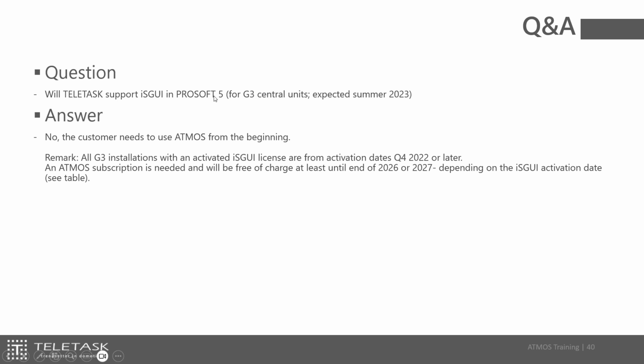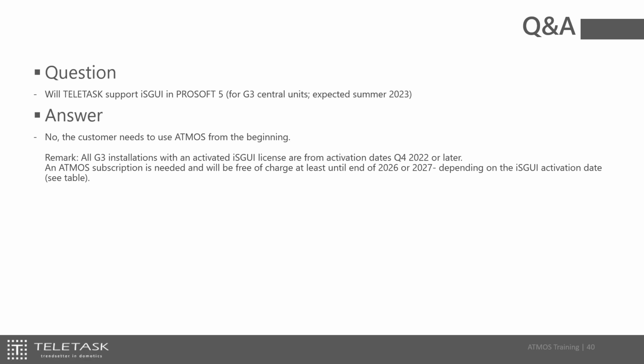You can stay working with ProSoft 4 on G3, but if you want to go to ProSoft 5, and we can promise you there will be a lot of novelties there, on your G3 you stay with ProSoft 4, yes, it will work. Go to ProSoft 5, no. It needs to go from ISGUI to ATMOS.